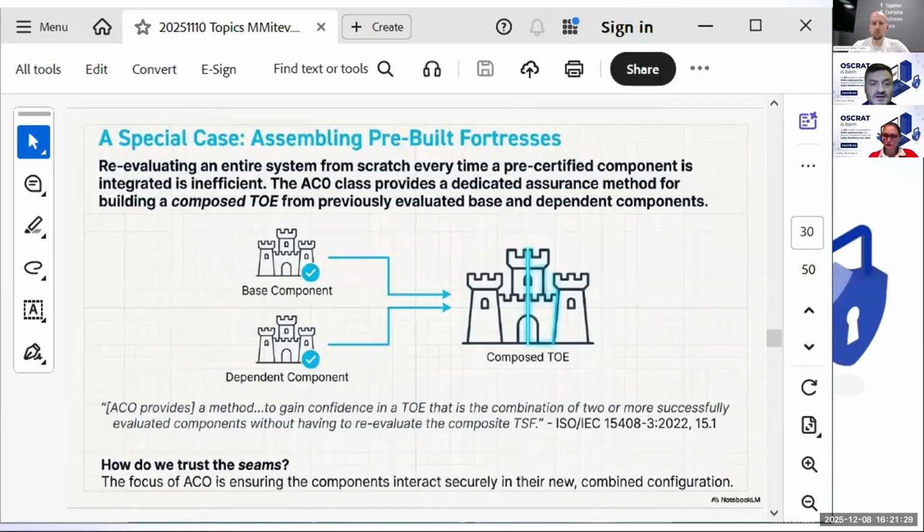The question is how to trust the connections between components. The assurance method checks that the integration is secure and that new vulnerabilities are not introduced. This approach supports modular design and reuse of evaluated parts.